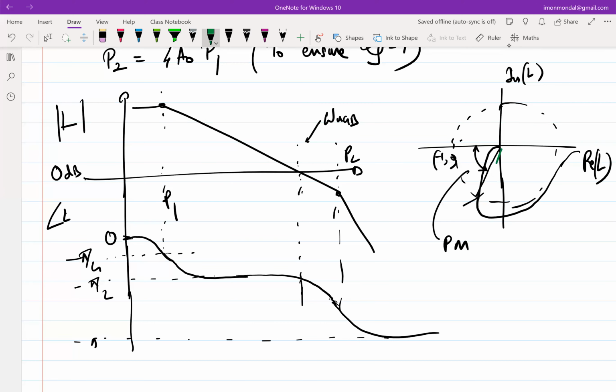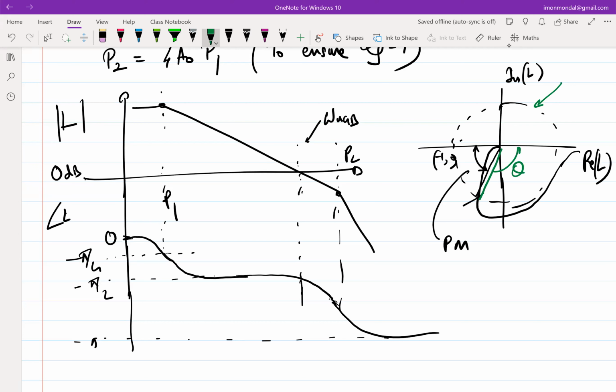So this angle here, this theta, what is that theta in the Bode plot? That theta is nothing but the angle that the loop gain sees at UGB. So this entire circle is the unity gain circle.